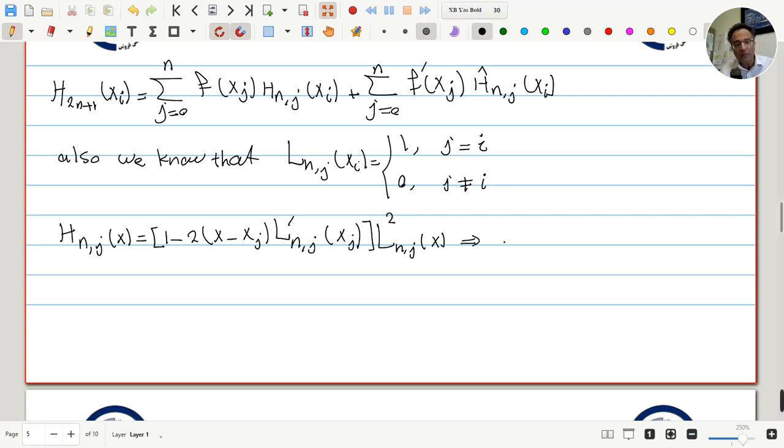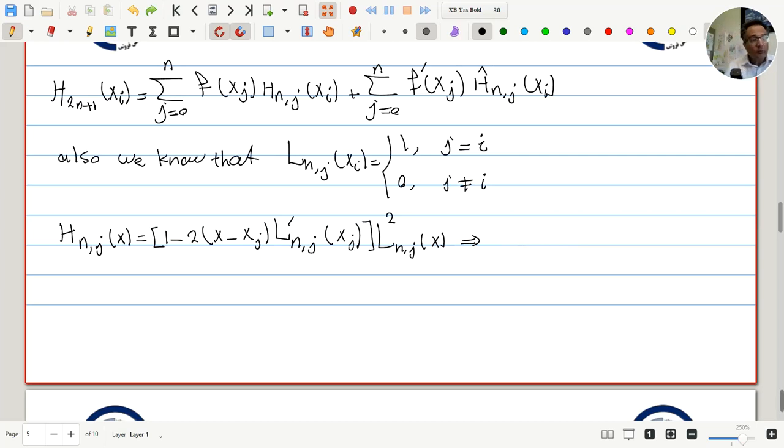Okay, so this gives that h_{n,j} at x_i will be equal, here, if j is equal to i. Let me clear it.